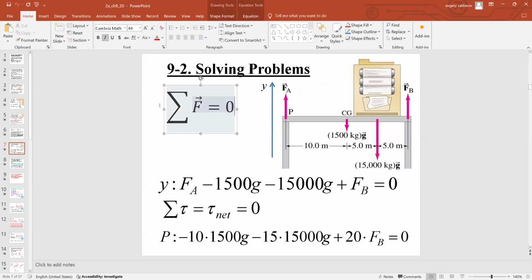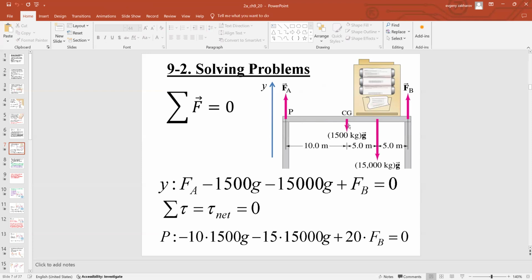So first condition, balance of forces, net external force equals 0. What are the forces? Well, there is reaction from the left side of the table, reaction from the right side of the table, gravity, like the weight of the printing press, and the center of gravity for the table itself.